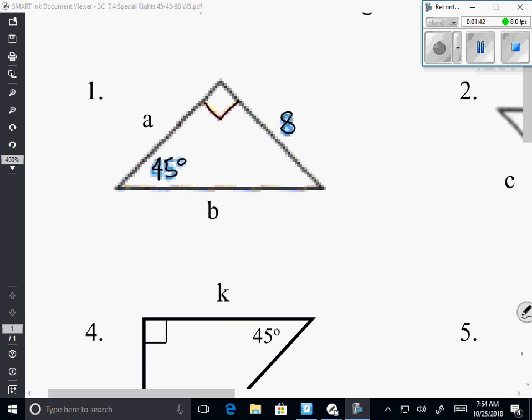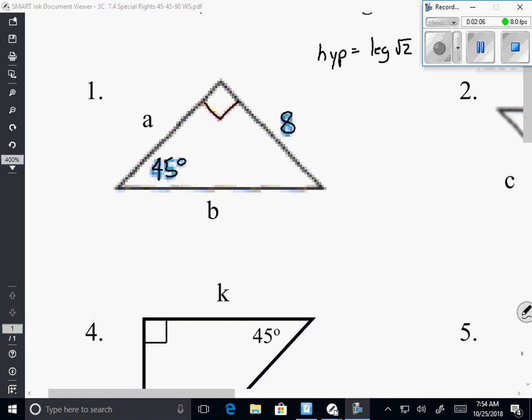That's the Pythagorean theorem. Okay, short. No, that's the 30, 60, 90s. What about the 45, 45, 90s? Okay, hypotenuse equals a leg times the square root of 2.